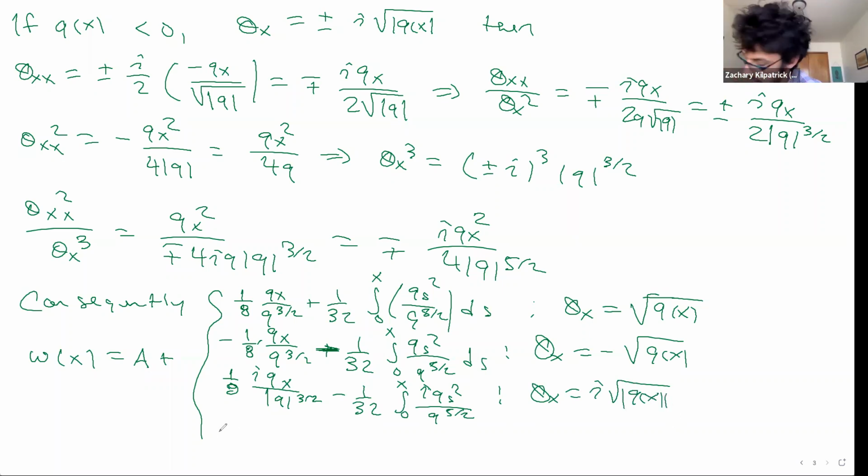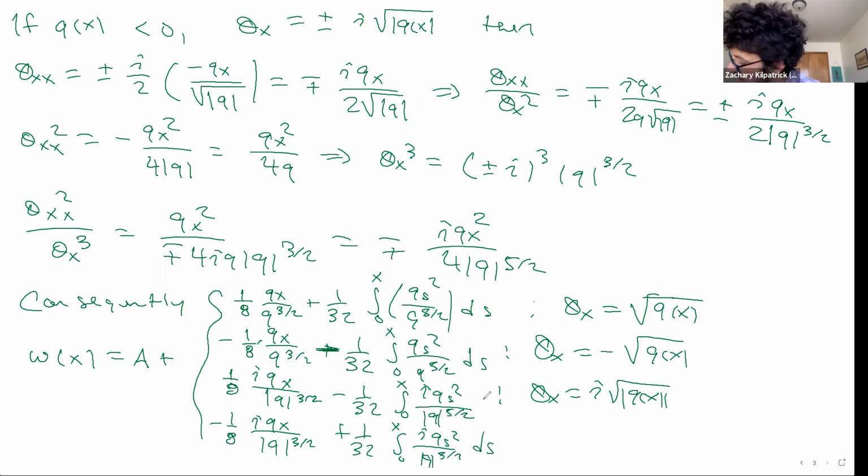Okay, and then lastly we have minus an eighth i q_x over absolute value of q to the 3 halves plus 1 over 32 integral from 0 to x i q_s squared over q to the 5 halves, absolute values around that, sorry, ds.